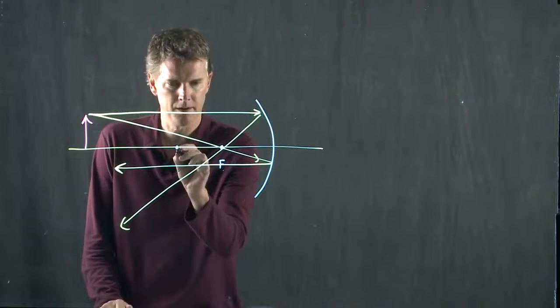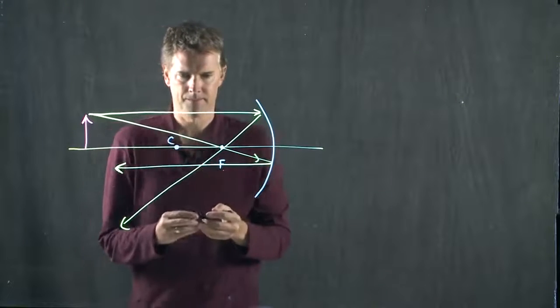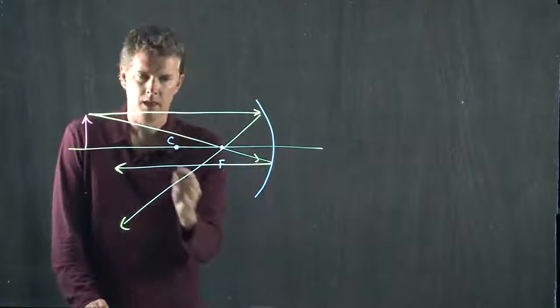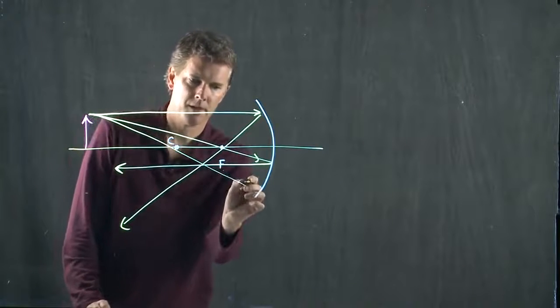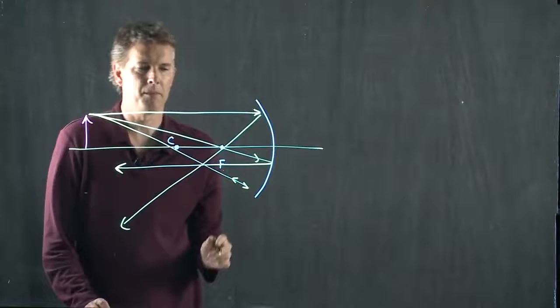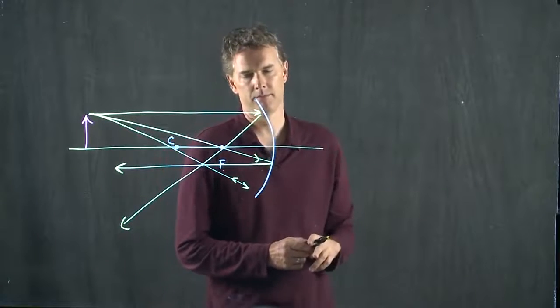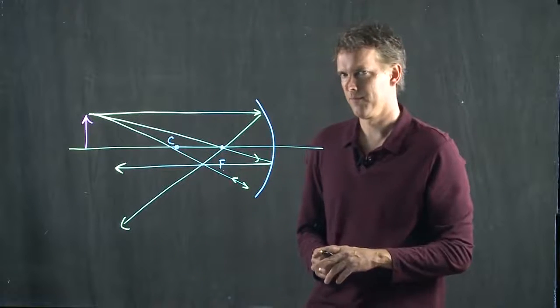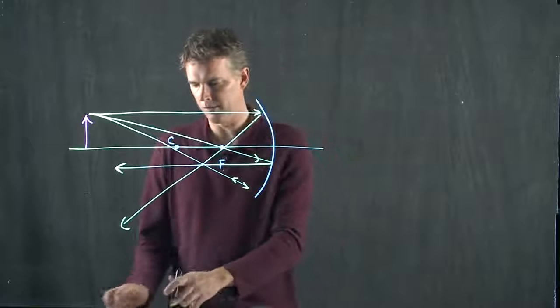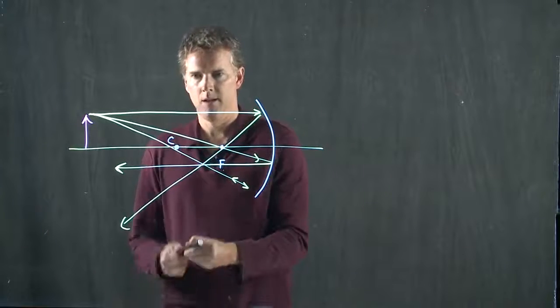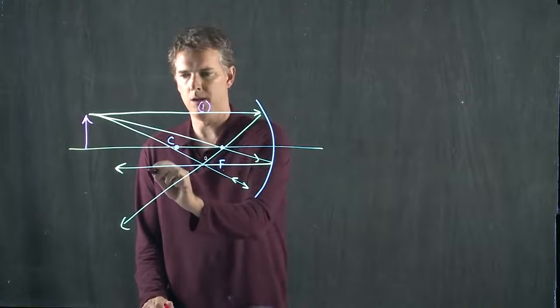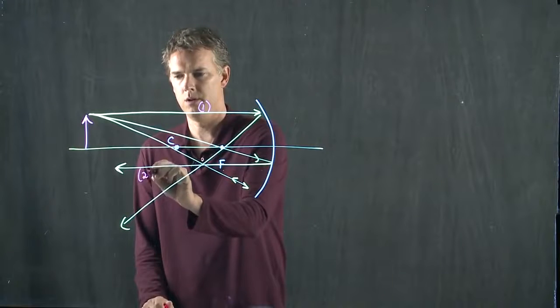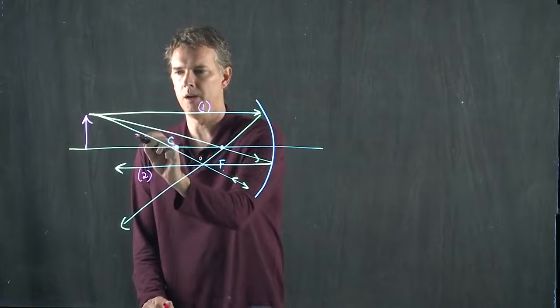If the center is there, then rays that come through the center just keep going, bounce off the mirror, and come back on themselves. Let's label those three rays. This is ray number 1. This is ray number 2. And this is ray number 3.